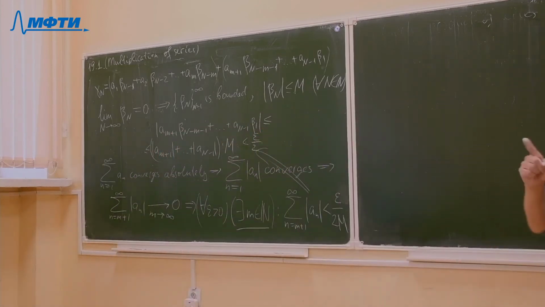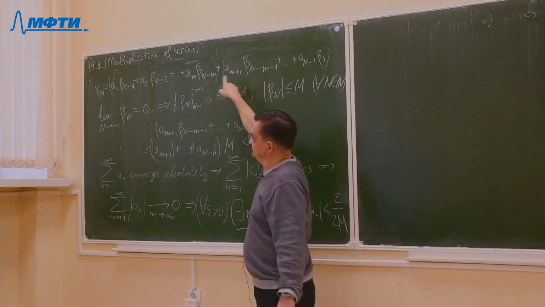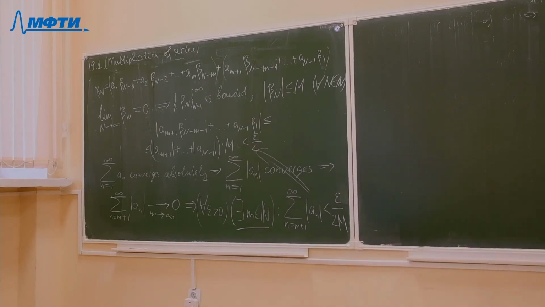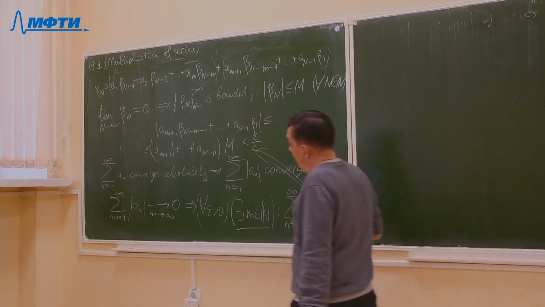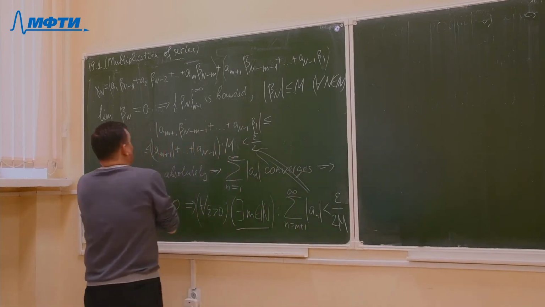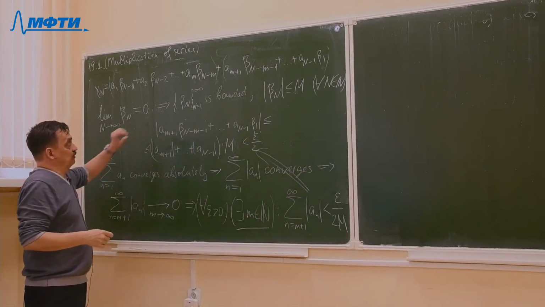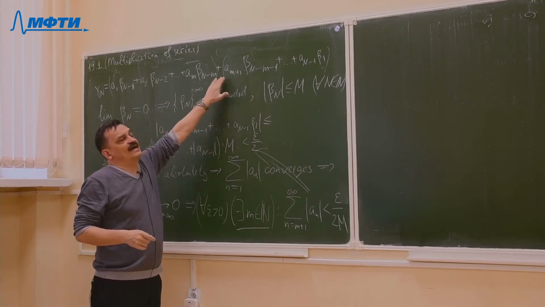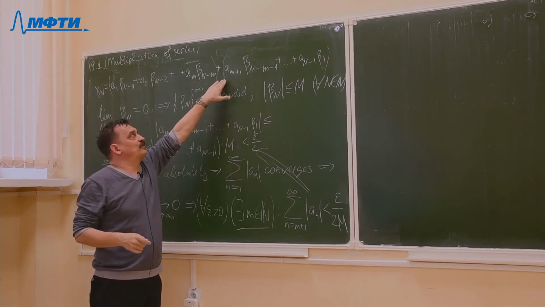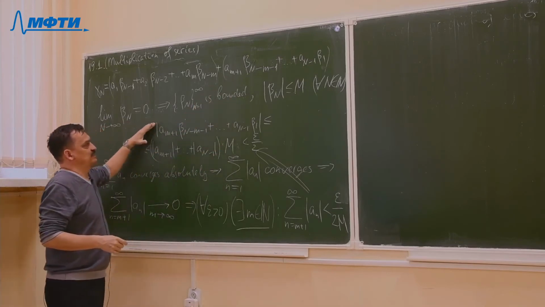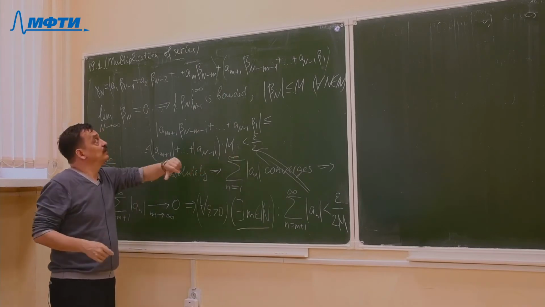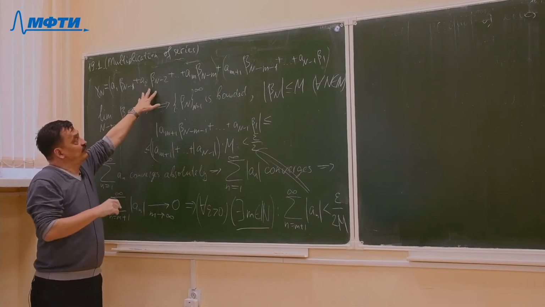So now look, m is chosen, right? m is chosen. Now look, the second half of our expression is estimated very well, less than epsilon over 2. Now what about the first half?